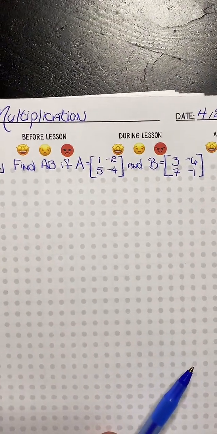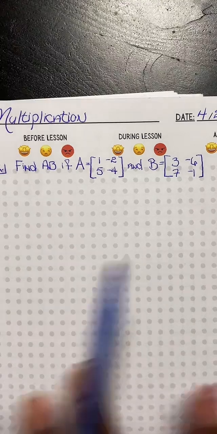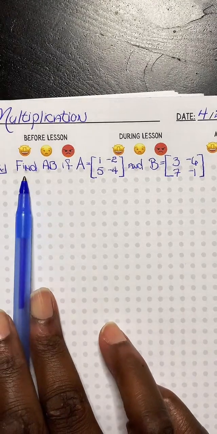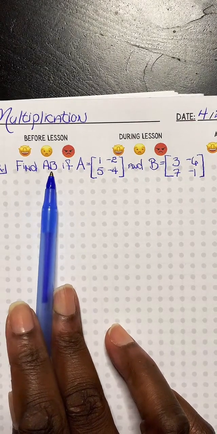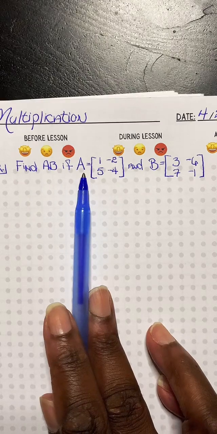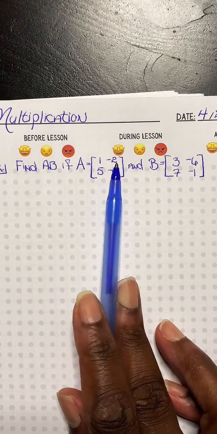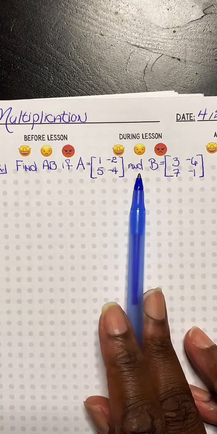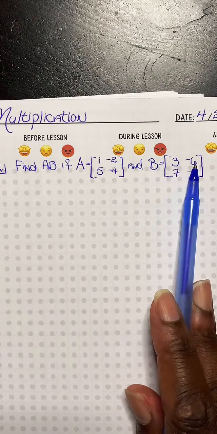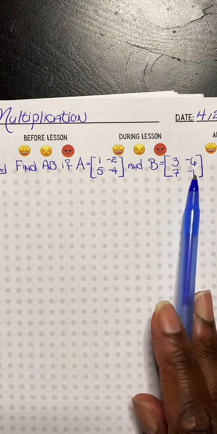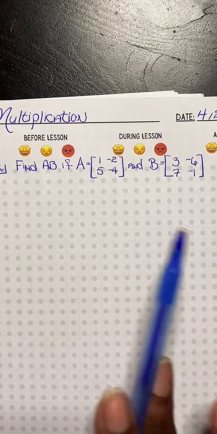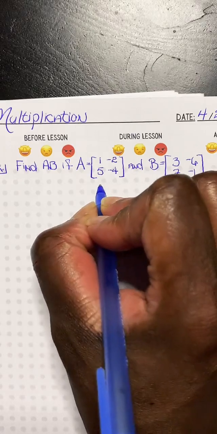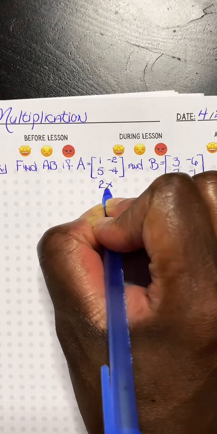Brace yourself, and just watch step by step. We want to find what matrix AB is. Matrix A is 1, -2, 5, -4, and matrix B is 3, -6, 7, -1. We know that matrix A is a 2 by 2 matrix.